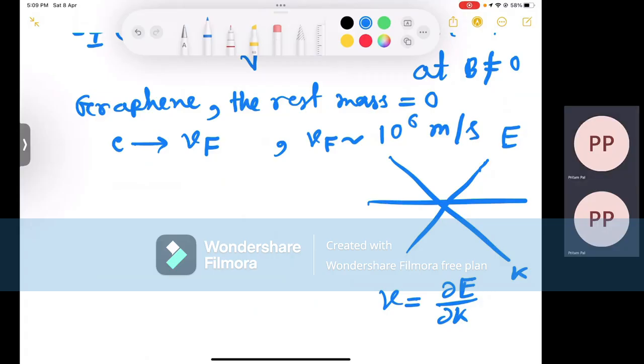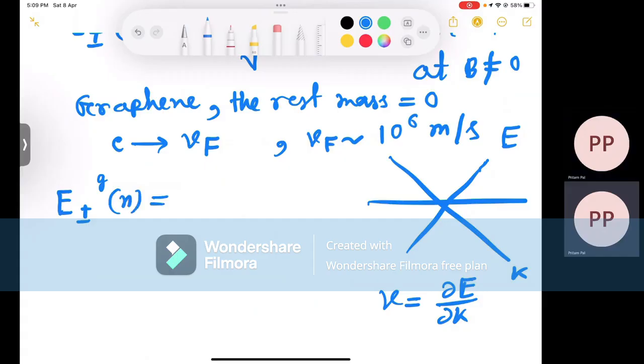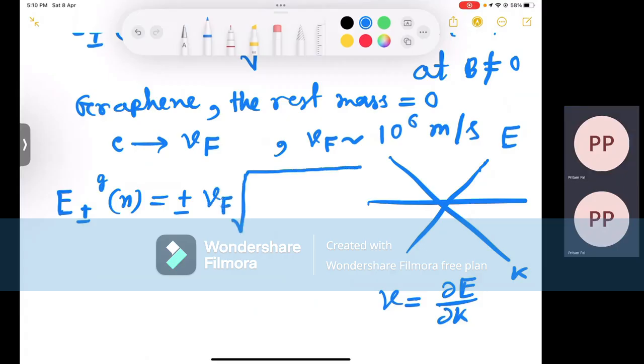And the spectrum then becomes, for graphene, E plus minus, also has plus minus signs, N, Vf, square root of 2 n h cut e B, right?